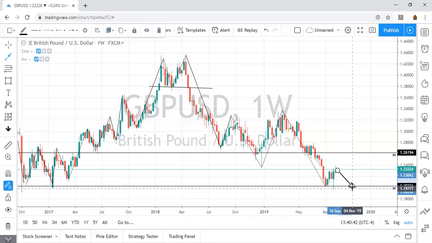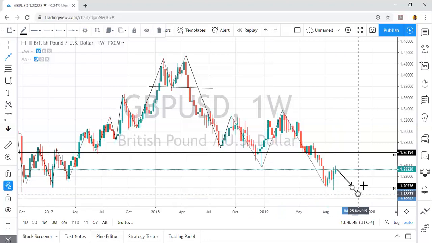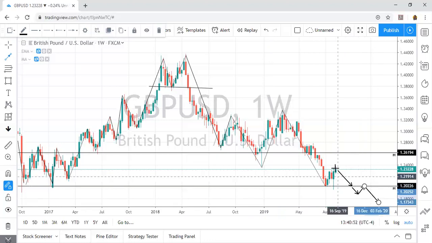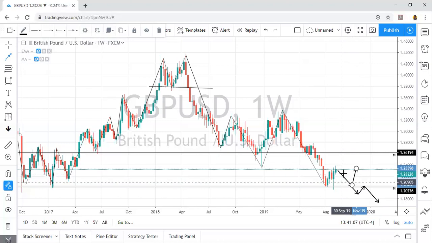okay? Then the next one, maybe we can have something, such movement like this, or the market can just come to this monthly support, right? And come back within this range, or the market can come back down to this monthly support, okay?